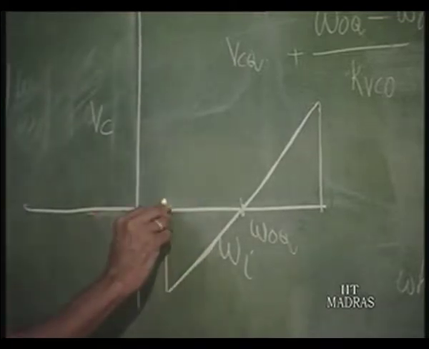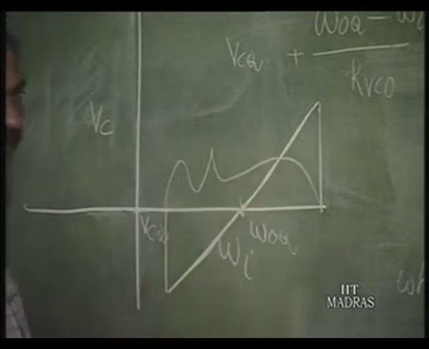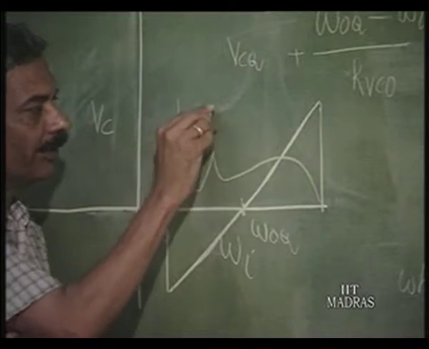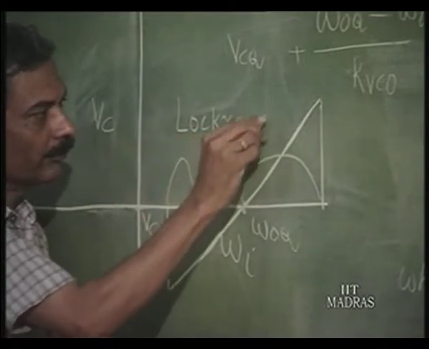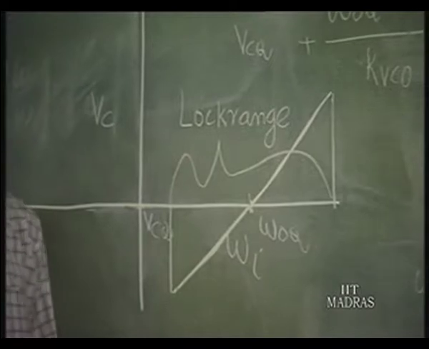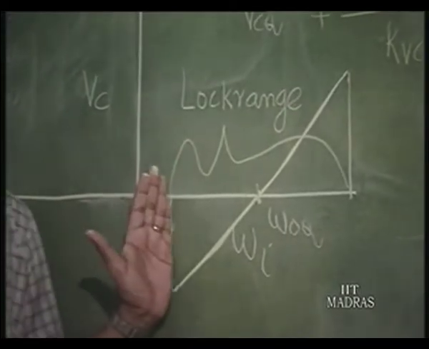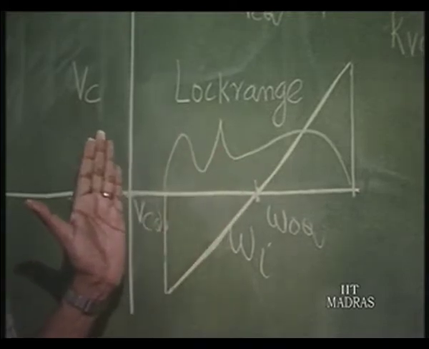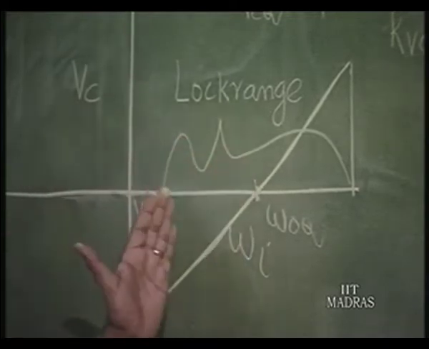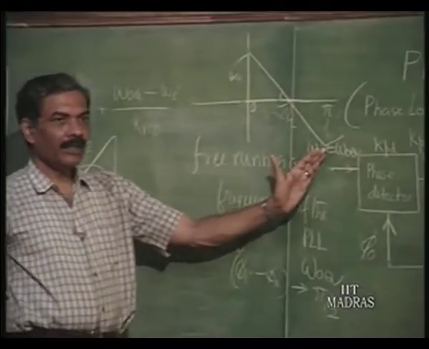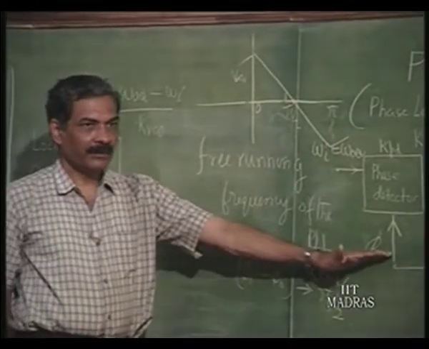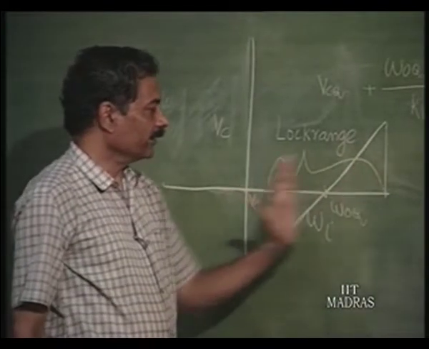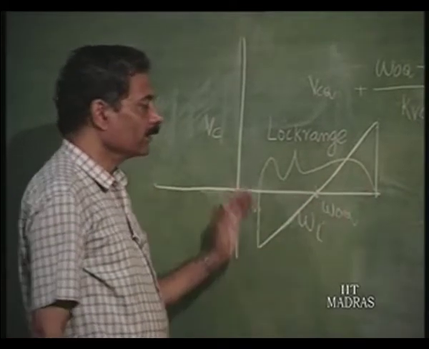Therefore, this range of frequencies is called the lock range of the phase lock loop. This is the range within which the phase lock loop is going to track the incoming frequency. As I vary the incoming frequency, it will follow the incoming frequency. The limit from this value to this value is called the lock range.